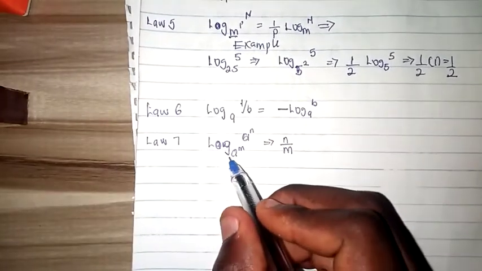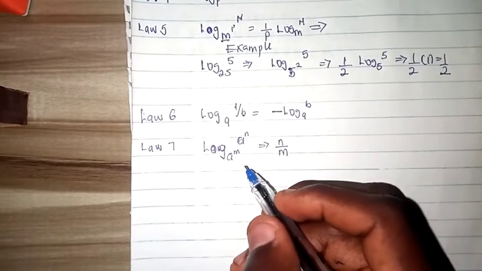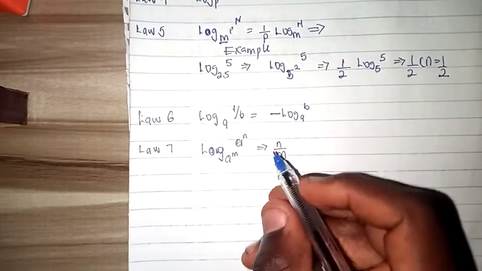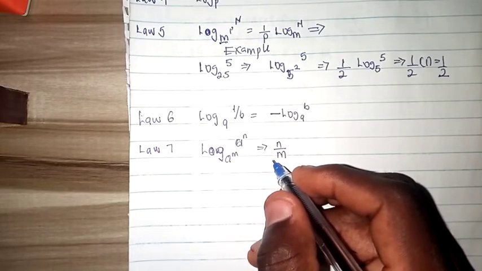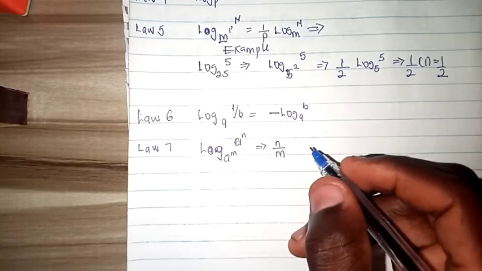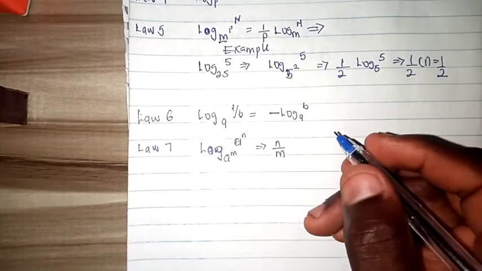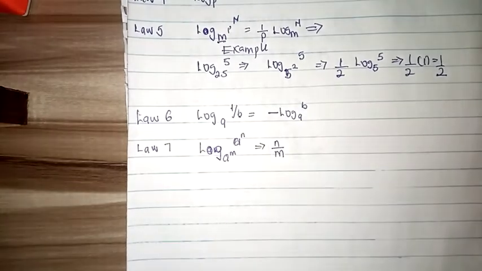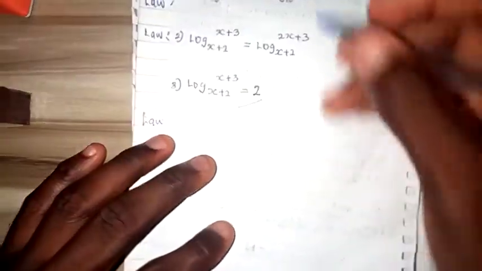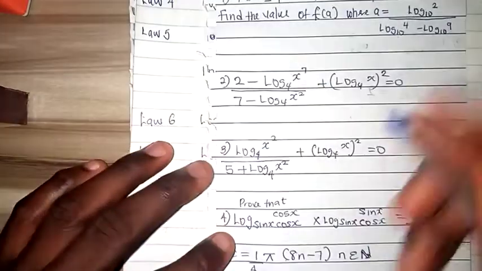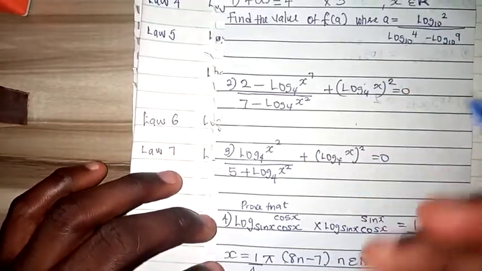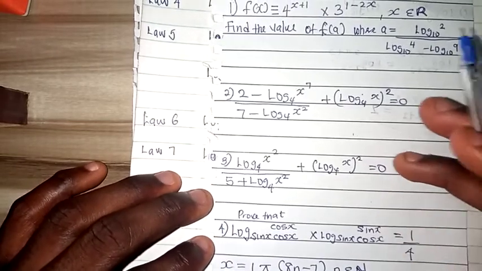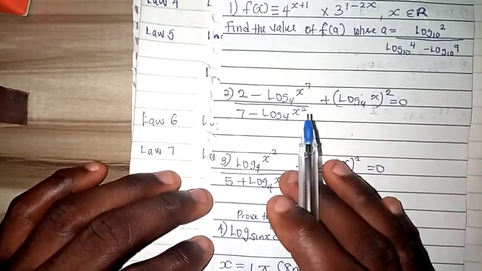I know that this law 7 will look somehow, but we should be able to prove this law 7 now. Okay, those are the laws that I will be showing. Now, let's get to the examples I showed before. We are going to be solving these ones, 1, 2, 3, then we are going to solve this and this. So you can solve this one and comment, then I will see. I'm going to do a video on this later in the day.